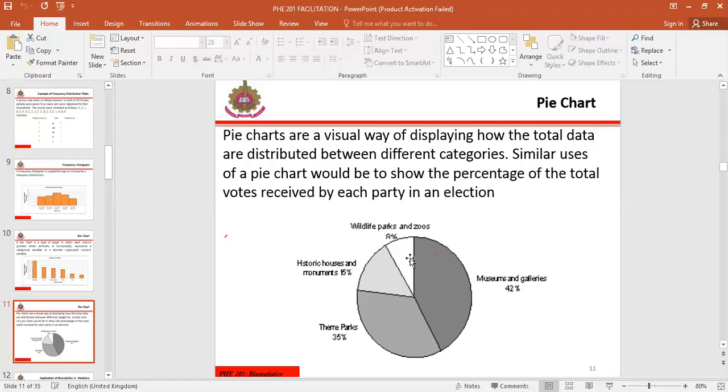Here, we have represented them in terms of percentage. But don't forget that the total number of angles in a circle is 360 degrees, and that is why we have this circle like this. Each percentage has the degree which it covers.